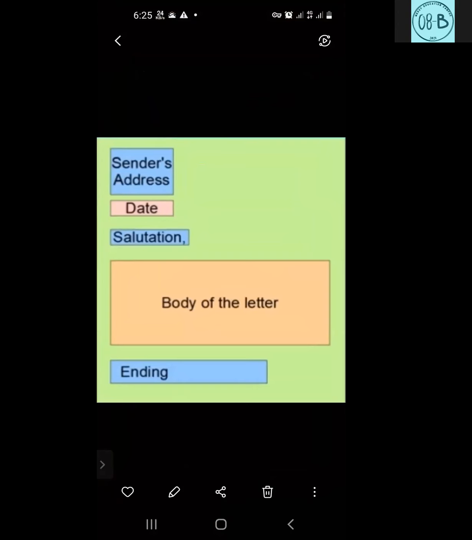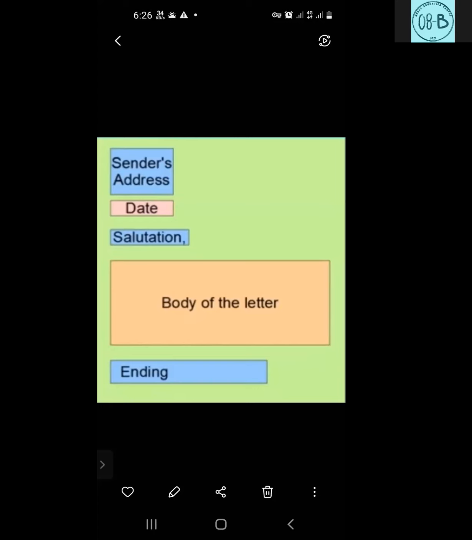Yes, sir. If you look at this letter, what we have to write first? Sender's address. Yes, sender's address is given here. What is that sender's address given here in this letter we discussed now? 27 Station Road, Avissawella.